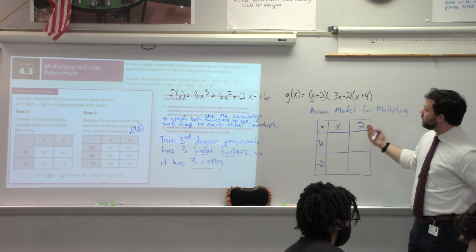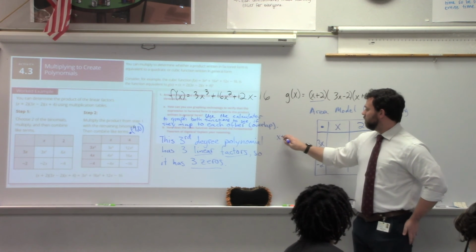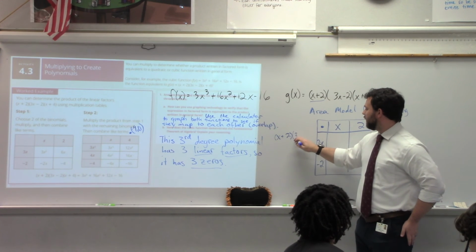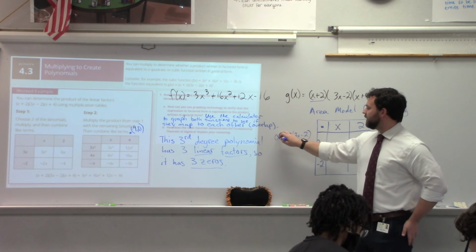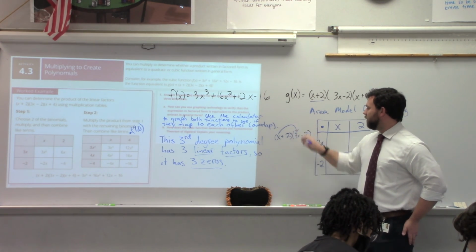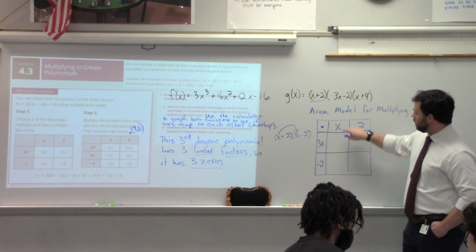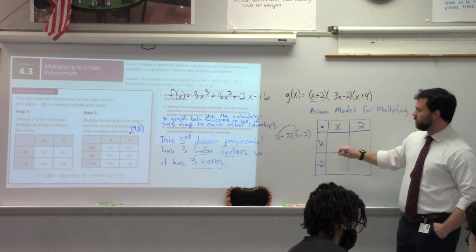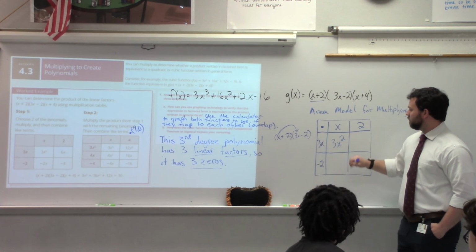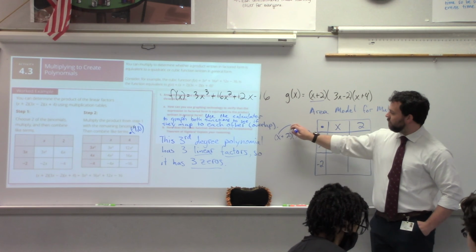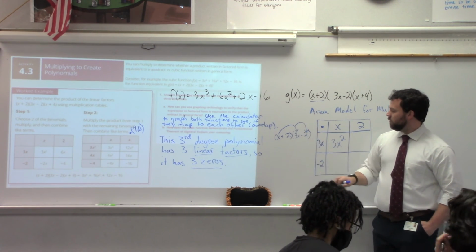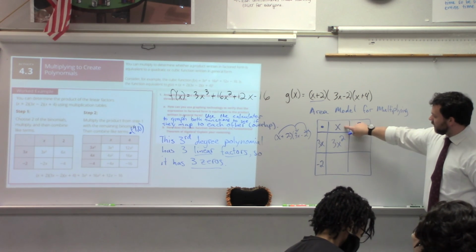Now, if I were to distribute, and I just want you to see how these connect. If I were to distribute, I would take this x and multiply it by what? 3x. What's x times this 3x? Then I would take this x and multiply it by negative 2. Hey, what's x times negative 2?